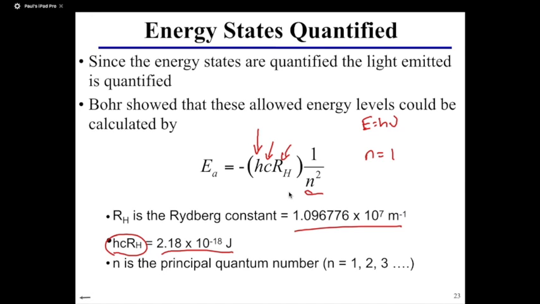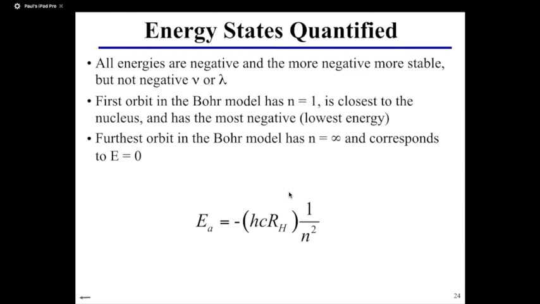And so you can calculate the energy of each level. The closest in would be 1 over 1 squared. So that's the full amount of energy that you can have for stabilization. But if you go to the 5th level, then you get 1/25th of the amount of stabilization as if you were right there, right next to it at level 1.